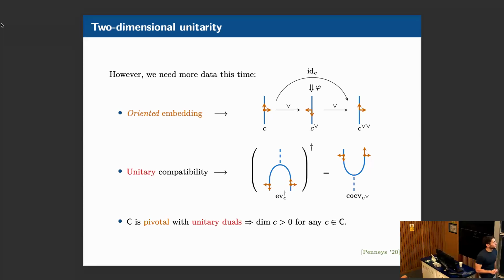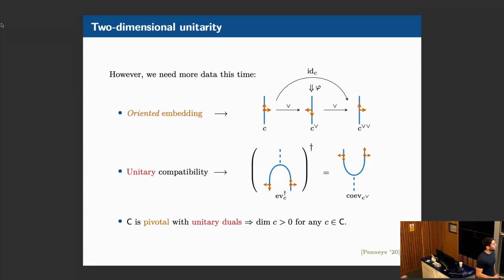It's just some additional definition, which means that if you take the dual twice, this needs to be isomorphic to the identity functor. And finally, you want to have a notion of compatibility between these orientations and the notion of unitarity in the sense of reflection positivity.